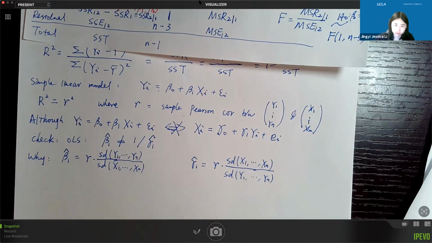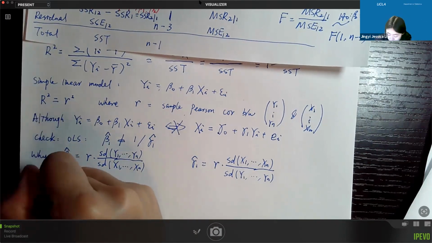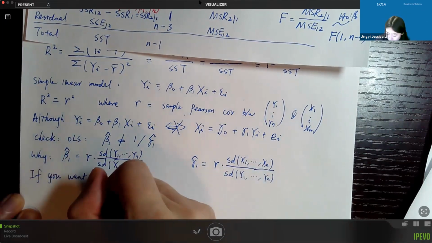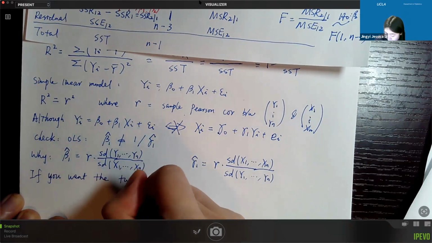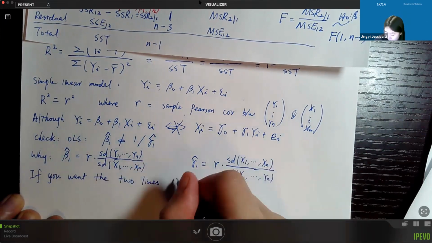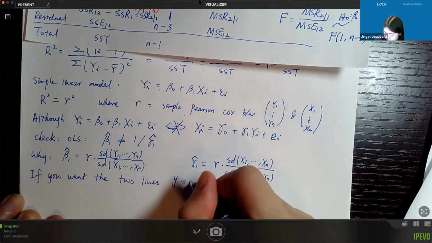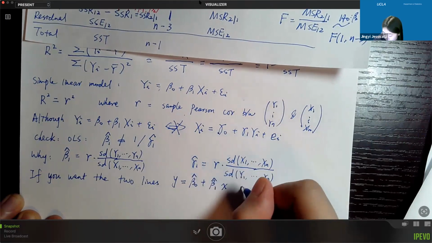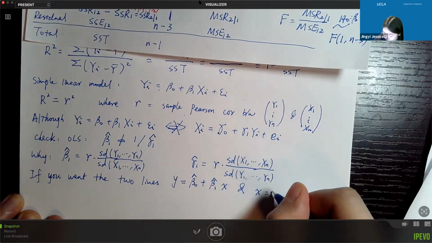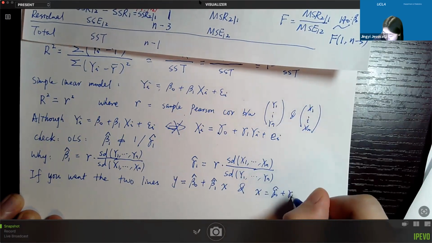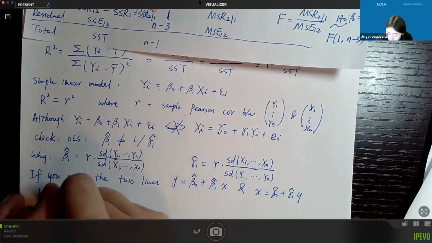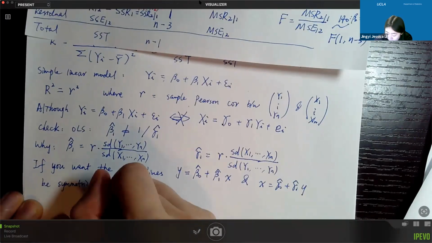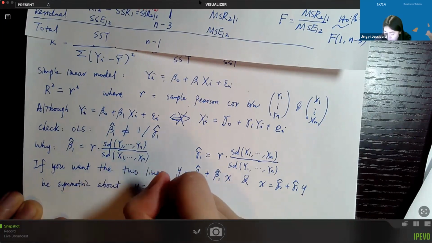major axis regression. So if you want, let me write down the two lines: y equals beta 0 hat plus beta 1 hat x, and x equals gamma 0 hat plus gamma 1 hat y, to be symmetric about y equals x, the 45-degree line.